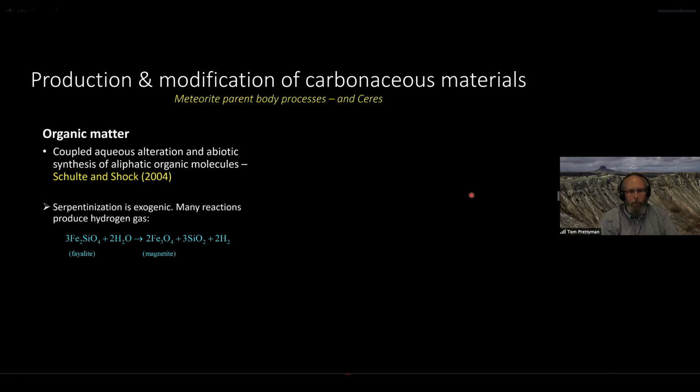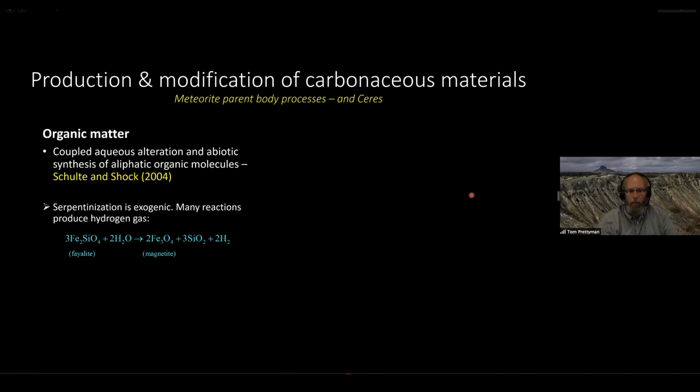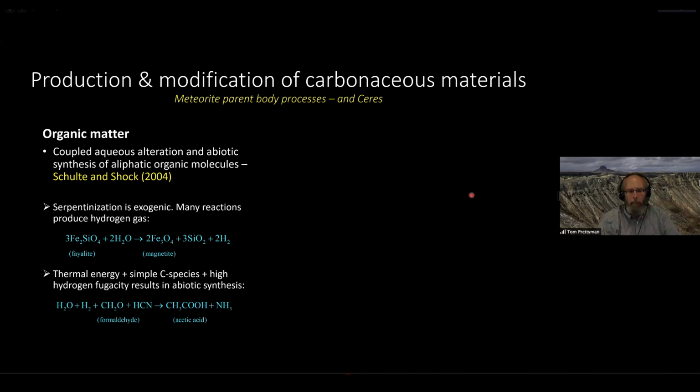When you have aqueous alteration, you have serpentinization. It's an exogenic process. It produces heat. And many of the reactions produce hydrogen gas, such as the one below. And then this thermal energy, plus the presence of accreted carbon species and high hydrogen fugacity, can result in abiotic synthesis, such as in the reaction shown below.